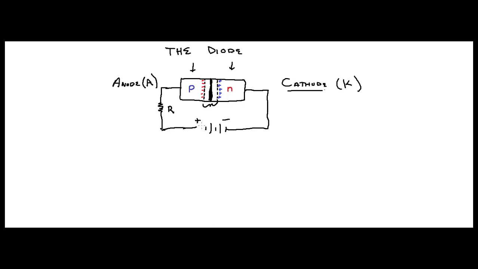Depending on how many, you can have as many of these as you want. Lines are what I'm talking about, and it ends on a longer line. So this will be the positive, and this will be the negative. It's simply a battery. And how it's connected now, this is called forward bias. All right? That's what that means.